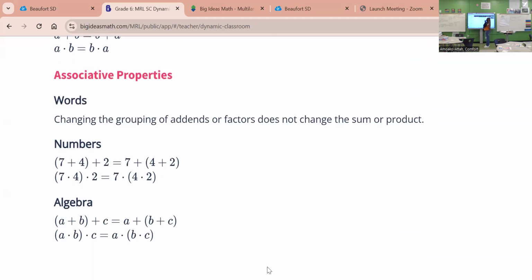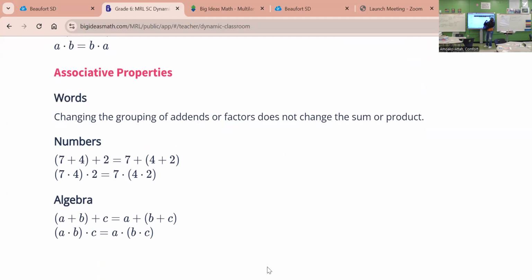Then we come to the associative property. It deals with the groupings. So changing the grouping of addends or factors does not change the sum or the product. Regrouping them should give you basically the same answer.